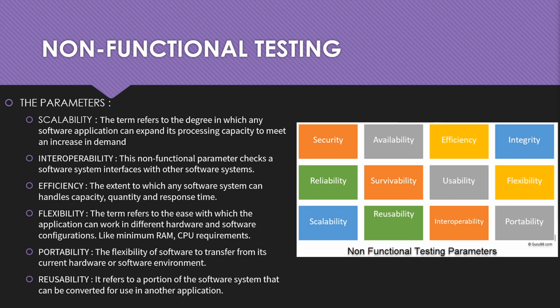Functional testing can be manual or automatic. But for non-functional testing, using tools is more effective. For functional testing, business requirements are the inputs, but for non-functional testing, things like performance, speed, and scalability are the inputs.